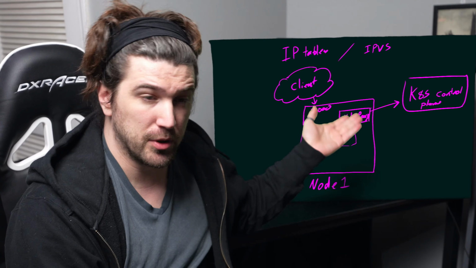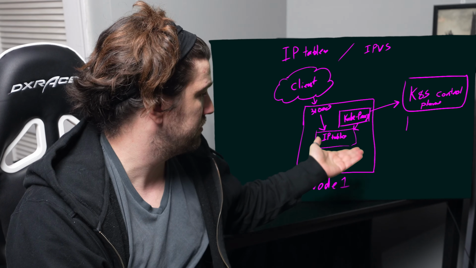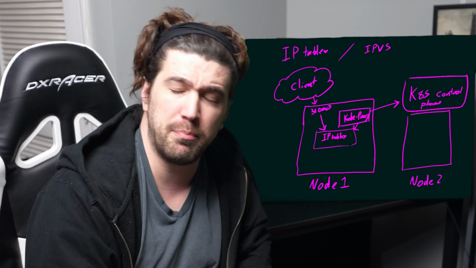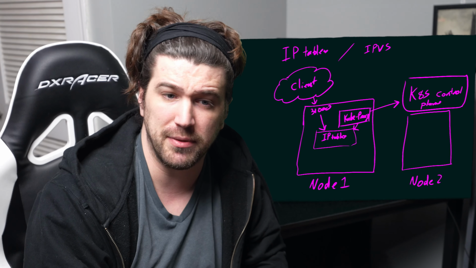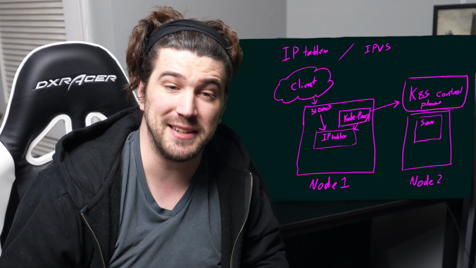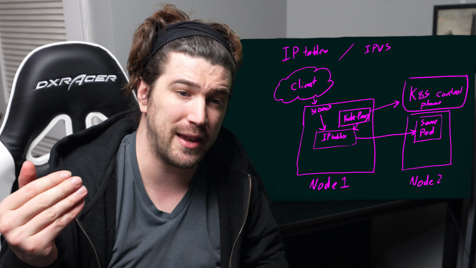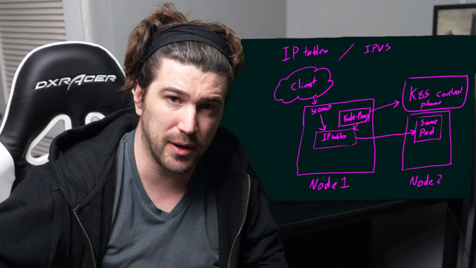Both of them look very much like this, except switch IP tables for IPVS, but you get the point. It's the same type of thing. And in this way, kube-proxy isn't actually proxying your requests. It's just updating each node so that every single node can proxy your request.